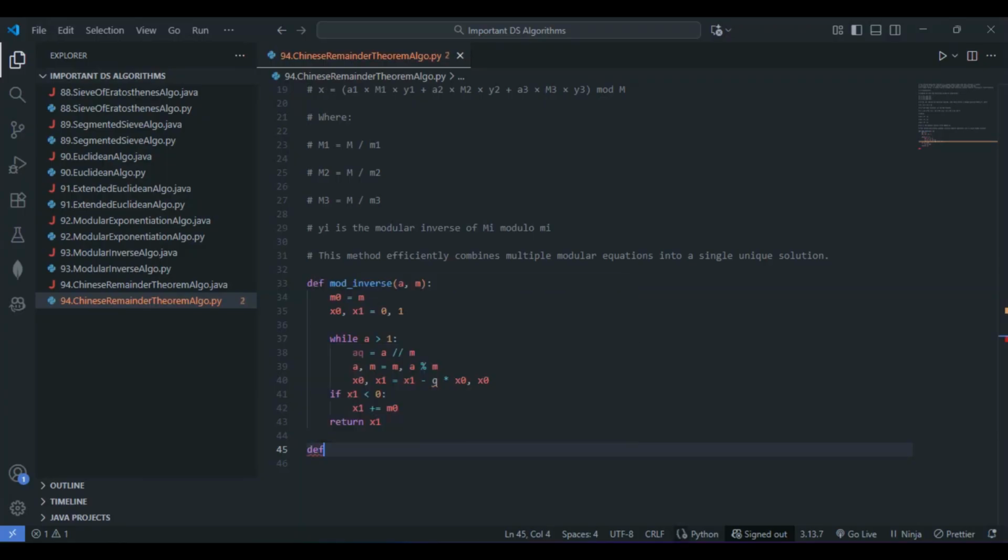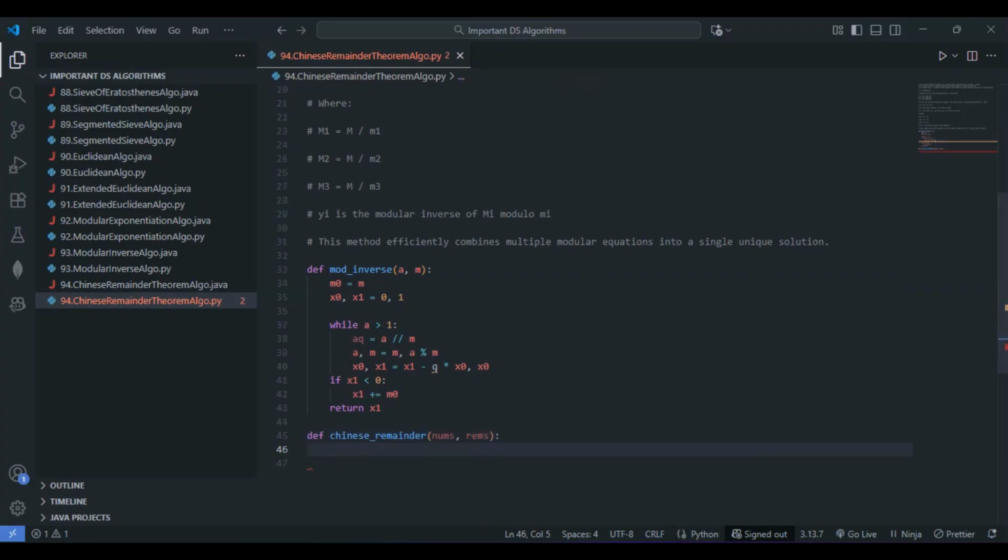So I'll just go with def Chinese remainder here. Let me go with nums, comma, the remainders, right? So within the Chinese remainder theorem, the first step is to compute the product of all moduli, if you remember, right?